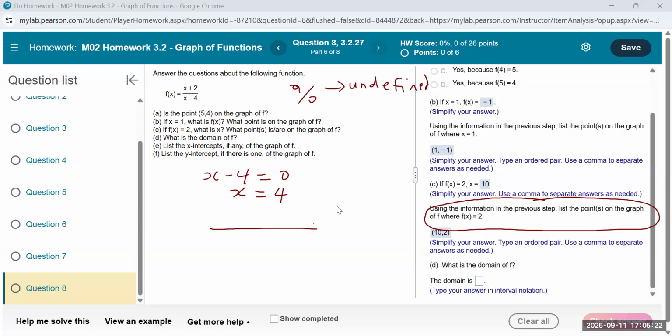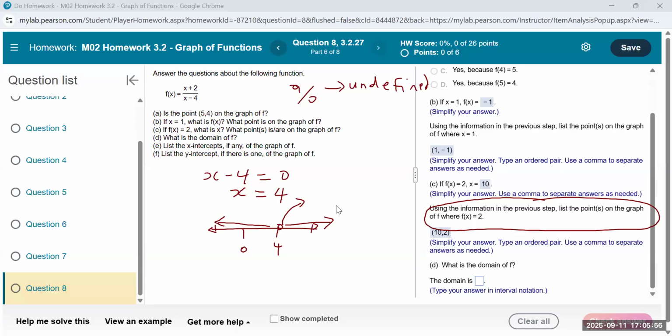This is how I always show it graphically, how I visualize this on the graph. It helps me to figure out the interval notation. If this is the origin, let's say, and this is your 4, we are looking at all the values above 4 and all the values less than 4.